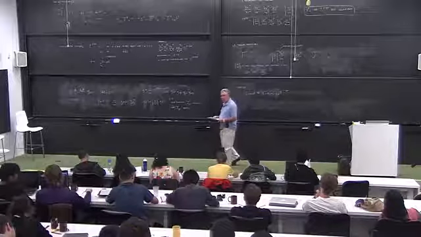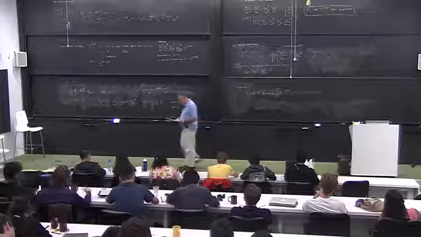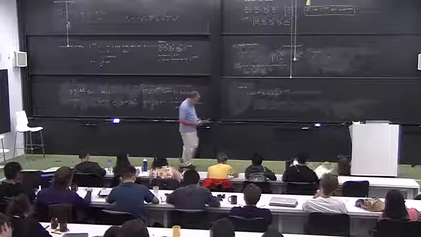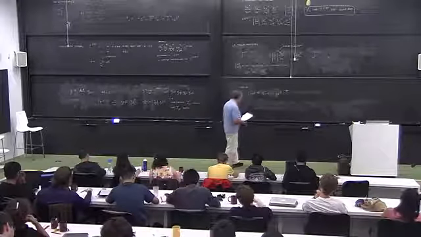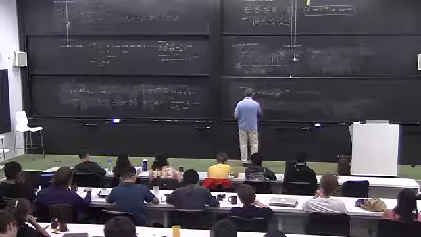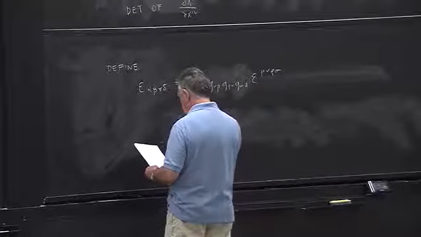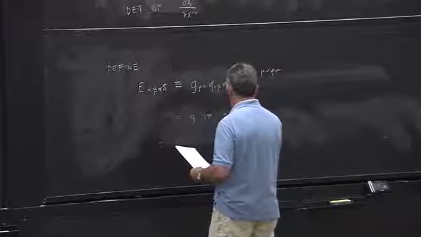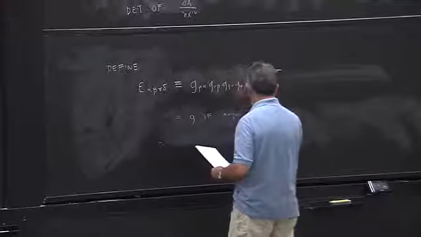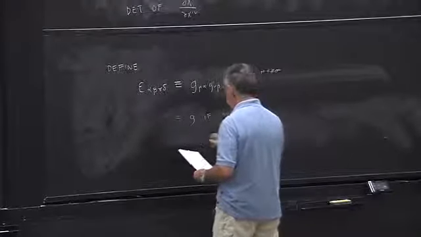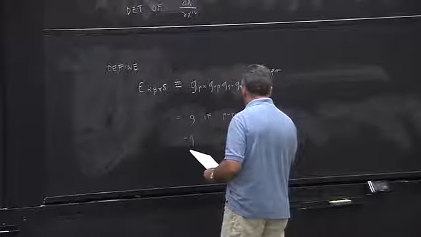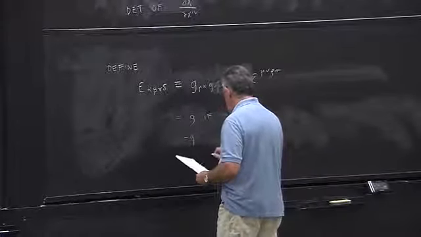Not all authors adopt that convention. Because with this convention, this equals G if mu nu rho sigma is an even permutation, minus G if it's odd, and 0 otherwise.